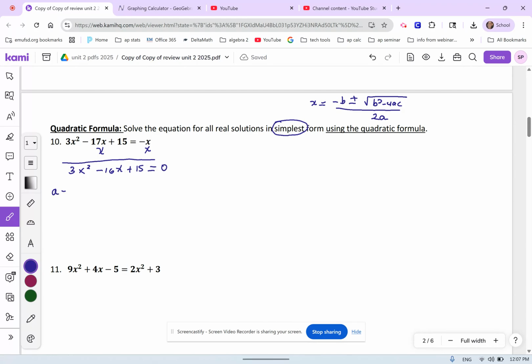So a is the coefficient attached to the x squared term, only the number. B is the coefficient attached to the x term, the negative 16, and C is the constant. We now carefully substitute it into the formula.